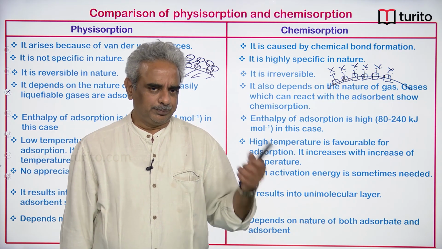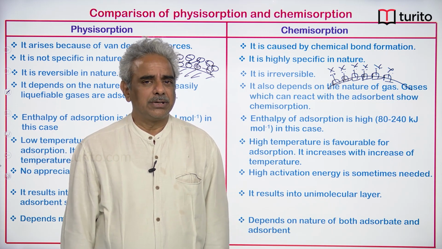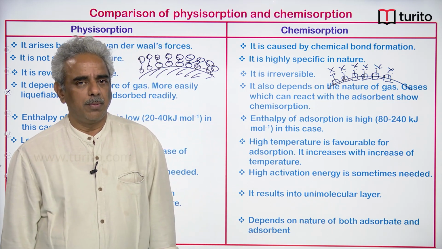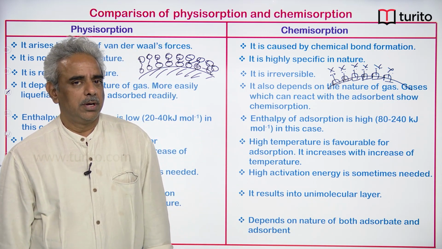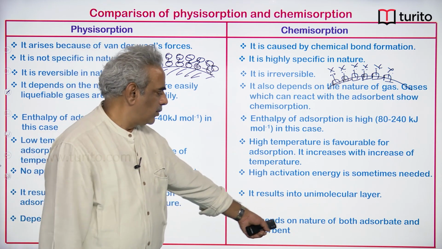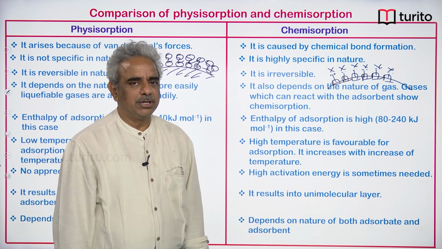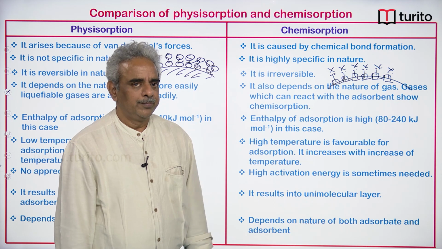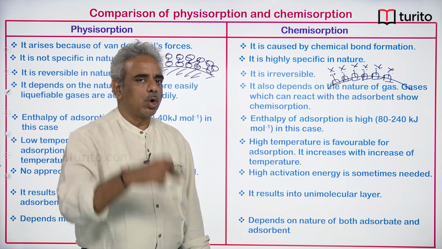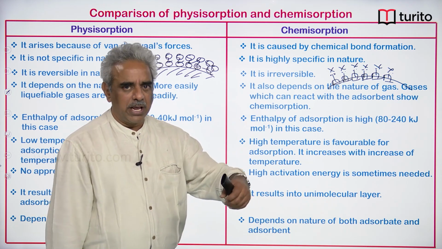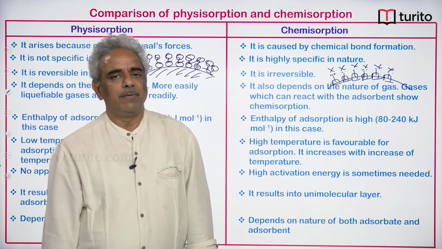So, mostly the adsorbate matters in physical adsorption, whereas in chemical adsorption it depends on both adsorbent and adsorbate. Many times I told you, because both must have complementary valencies, one has a lone pair, the other has a vacant orbital and vice versa.